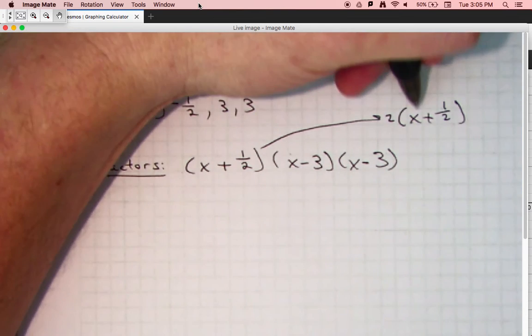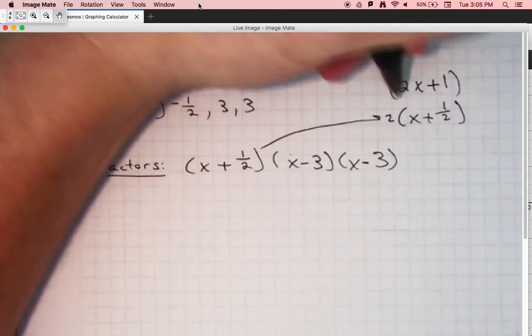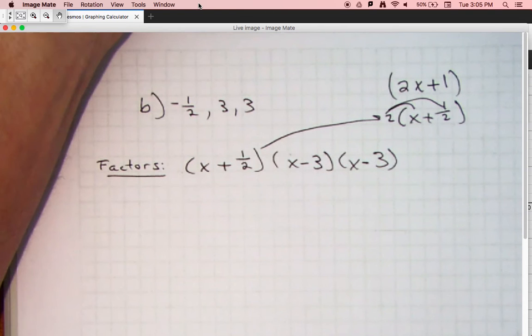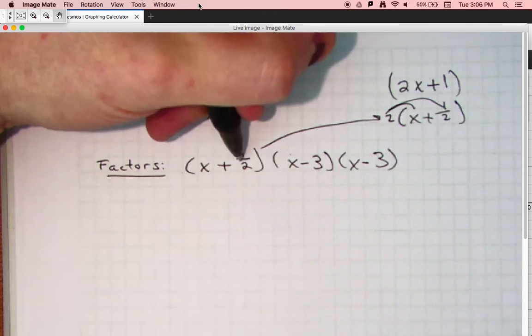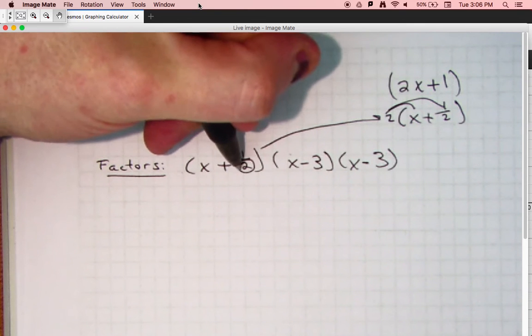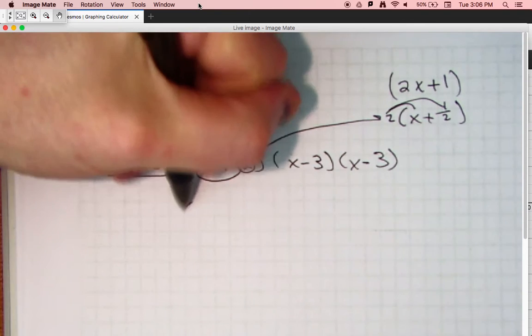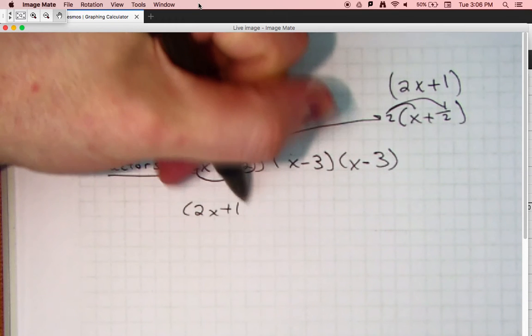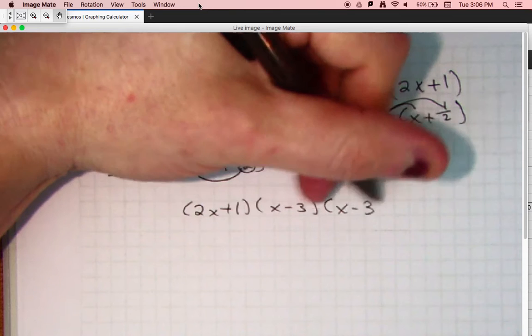And if I multiply this by 2, I end up with 2x plus 1, just doing the distributive property. A shortcut method is to take the denominator of the fraction and just bring it out front. And so we have 2x plus 1, x minus 3, x minus 3.